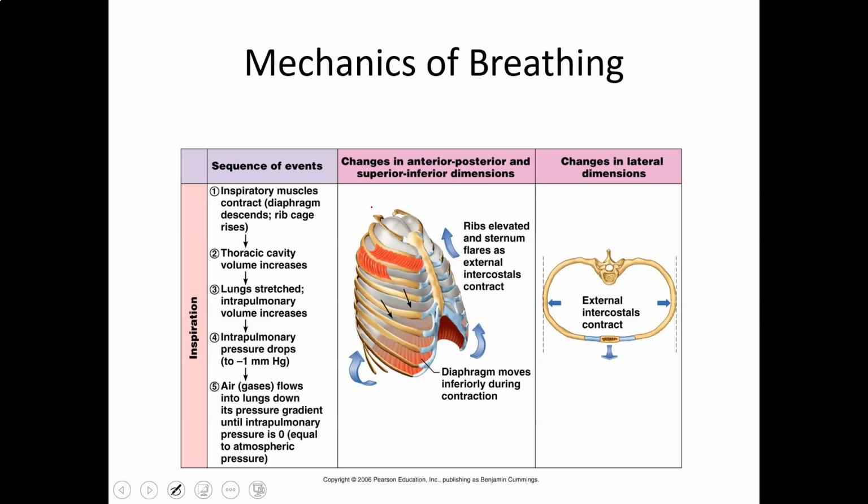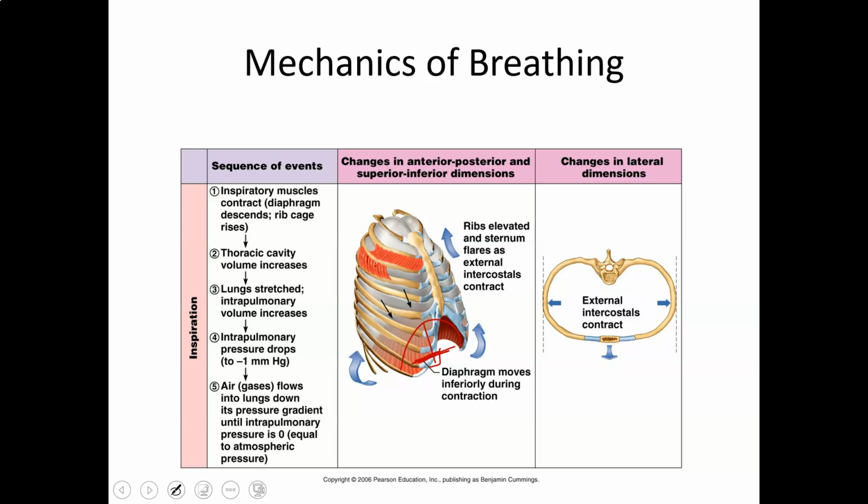Breathing in is an active process. And here's what that means. When it is time for you to breathe in, the medulla of your brain is going to send a signal down, and it's going to stimulate your diaphragm to pull down and flatten out. It is also going to stimulate your external intercostal muscles, which is going to lift your rib cage up and out.